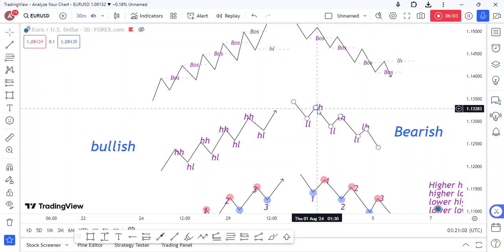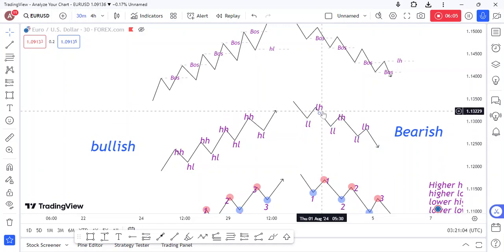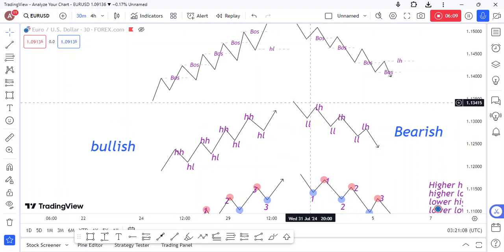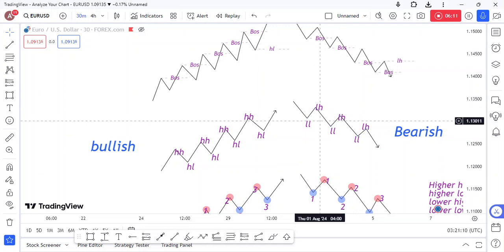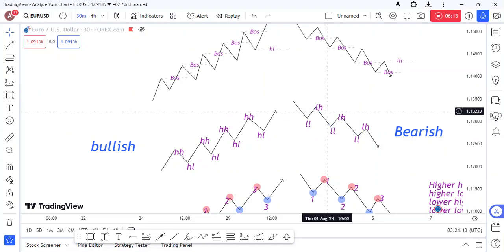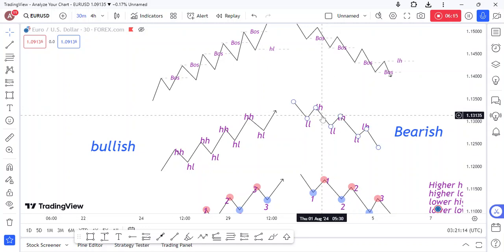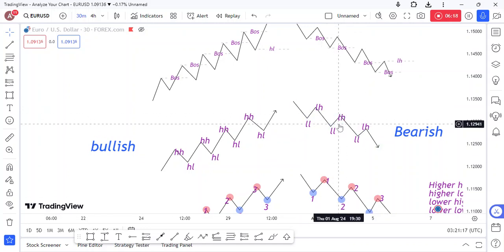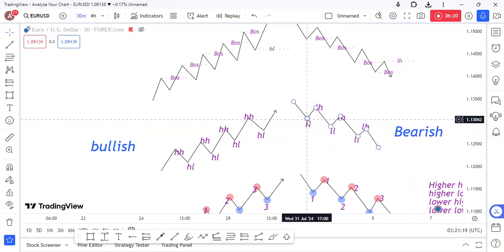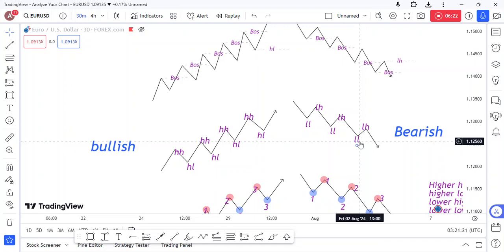And for us to continue the bearish structure, the succeeding high must be lower than the previous high. So high 2 is lower than high 1, high 3 is lower than high 2, okay? And the lows must be lower ones as well.